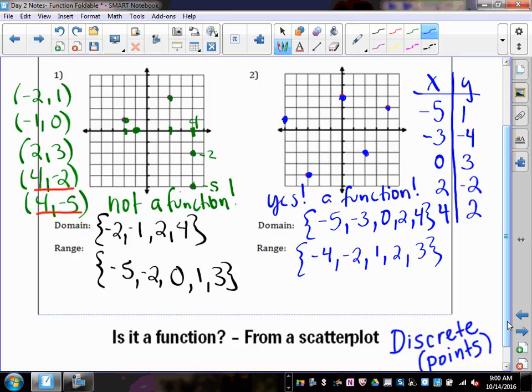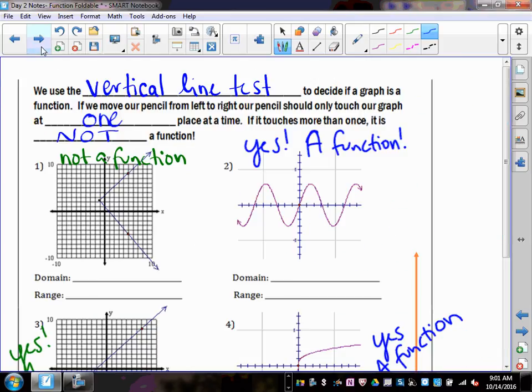When you have to pick up your pencil to move from one to the next, it's called a discrete graph. And I do want you to know that vocabulary. But if you can trace a nice, smooth curve, that's called continuous. You don't have to pick up your pencil.